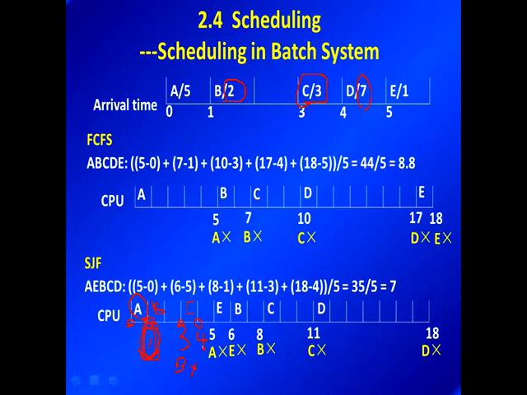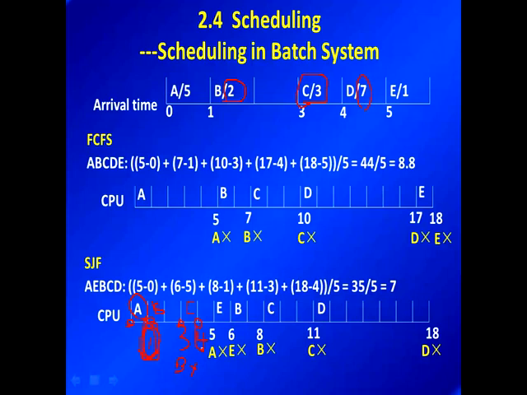So at time 4, the scheduler will decide which job can use the CPU next, and it selects C. But you need to understand C cannot simply keep using the CPU at time 4.